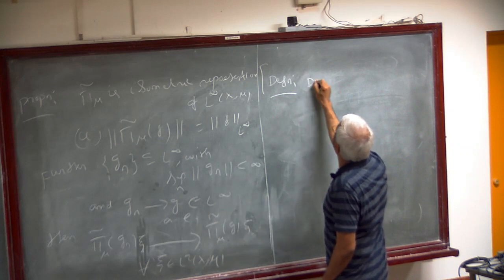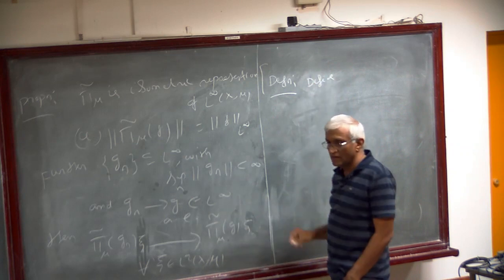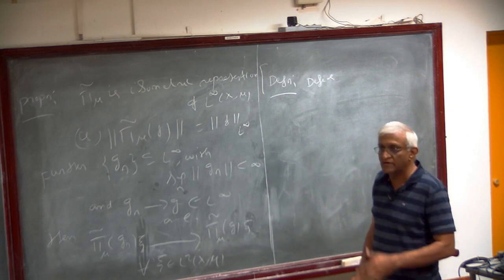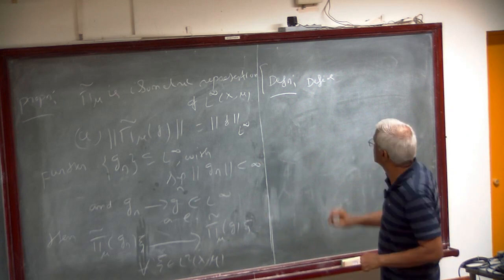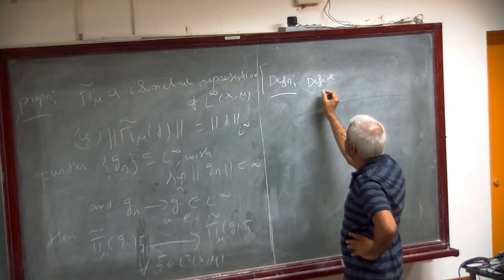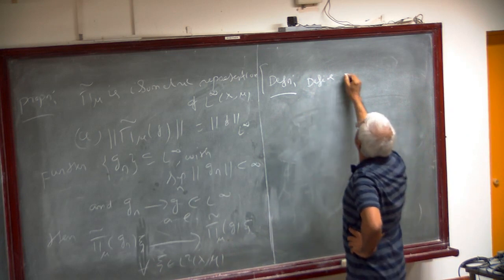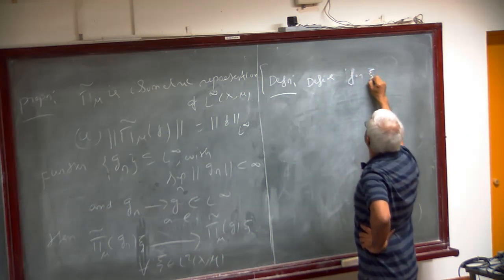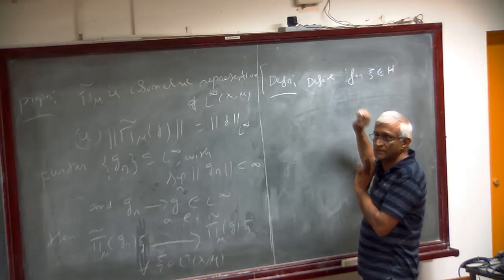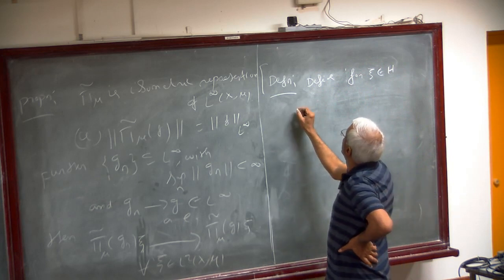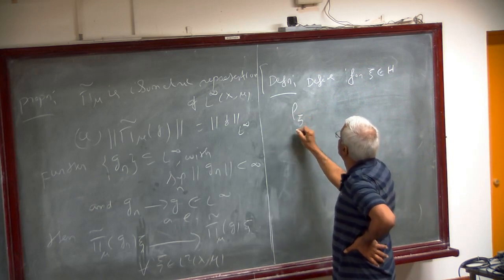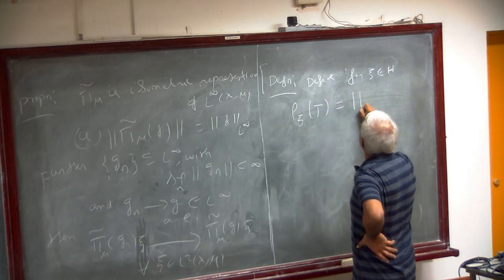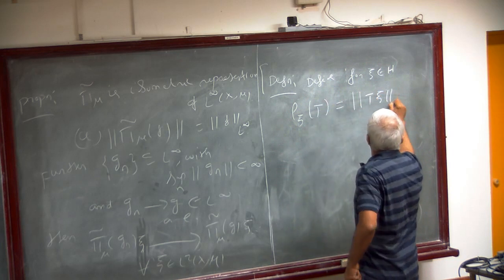So define. There is something called a locally convex topology on a vector space. Never mind what it is. For xi in H, for a general Hilbert space, define rho xi acting on T equal to the norm of T xi.